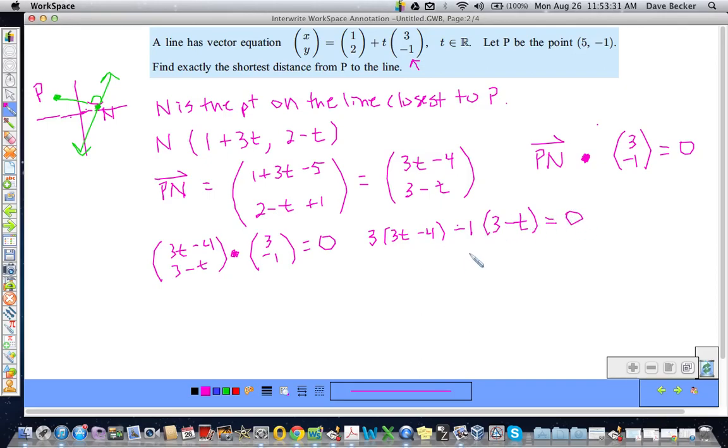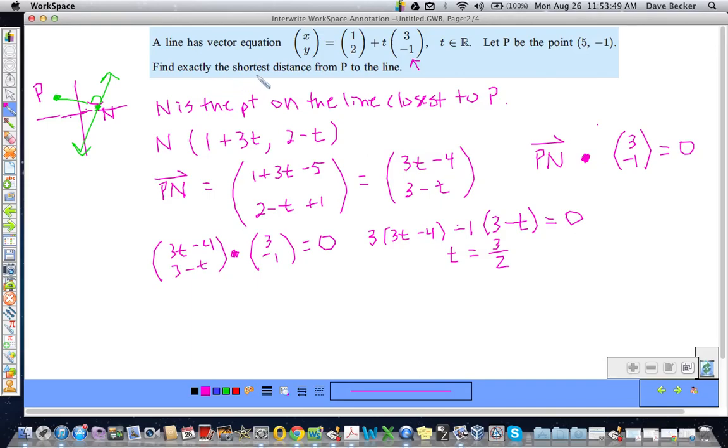We do a little algebra here, and you have to trust me on this, t equals 3/2. So when t, assuming maybe it's time or whatever, is equal to 3/2, that's when it is perpendicular at point N.